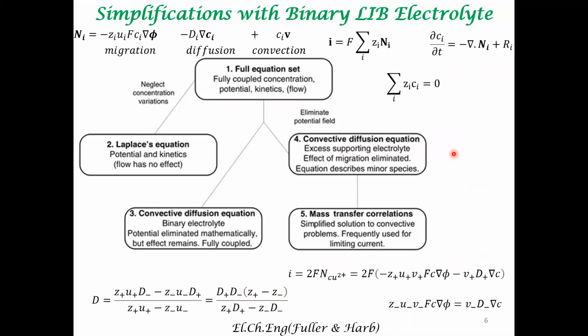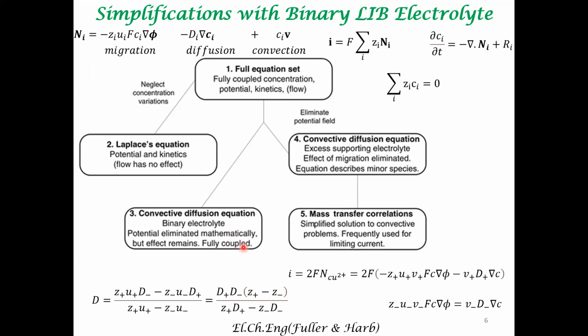Overall, what we have done in this lecture is that we have utilized the equations of a binary electrolyte. The binary electrolyte follows this approximation, and we applied it to simplify the many different equations that are of relevance to electrochemical transport.